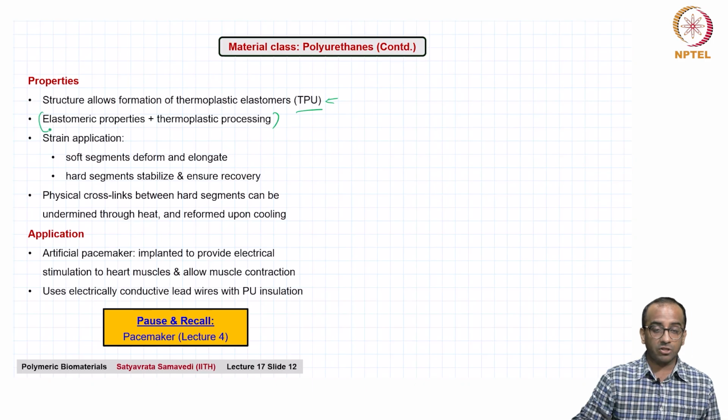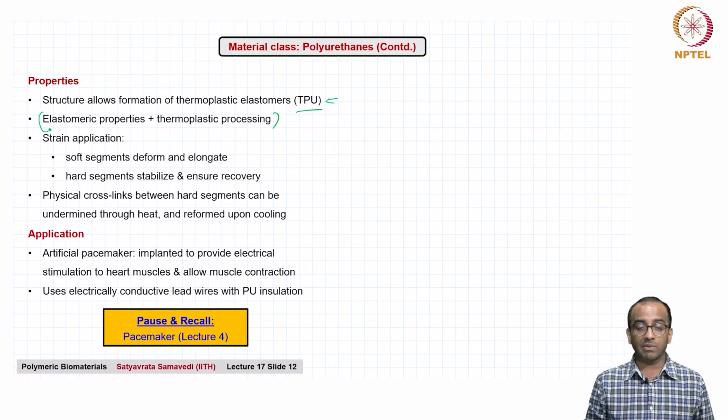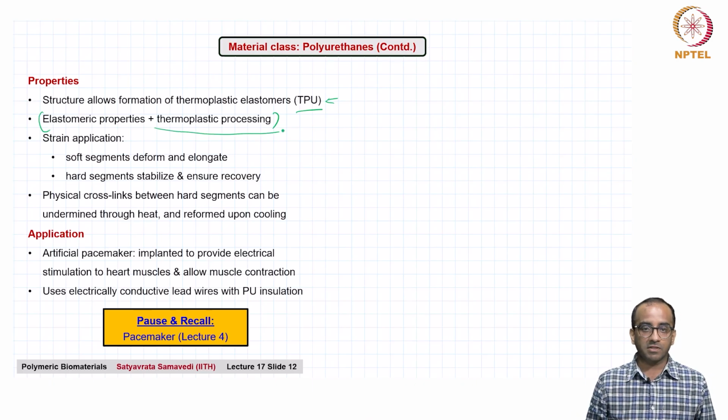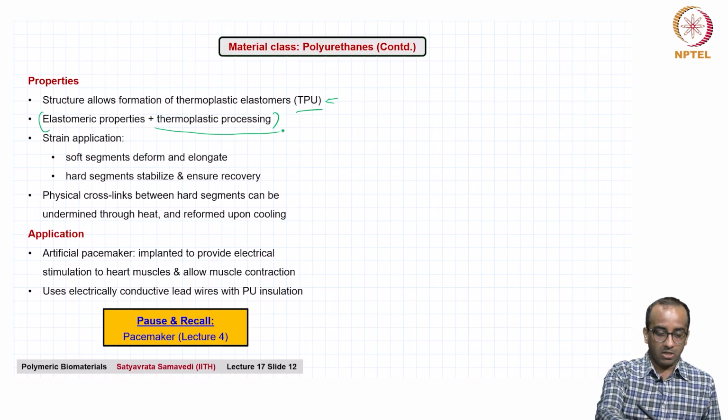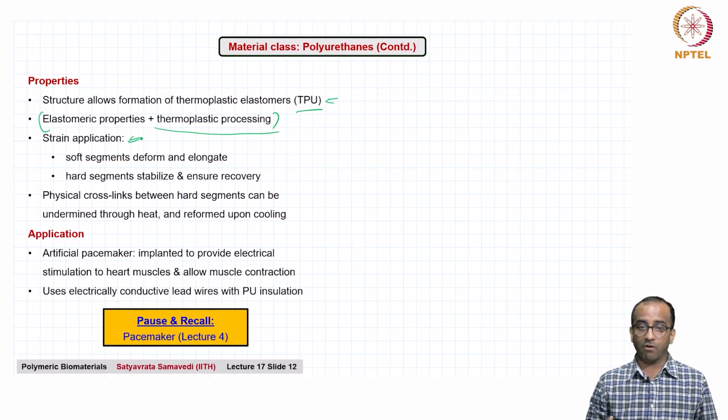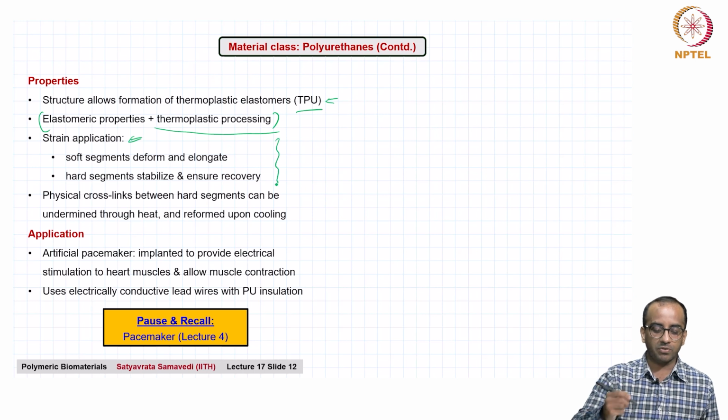So, this combination of elastomeric, rubber-like properties, along with the thermoplastic processability confers very unique properties on TPUs. So, if strain is applied, the soft segments deform and elongate, while the hard segments stabilize and ensure recovery upon strain removal. So, this is again very, very unique to polyurethanes.